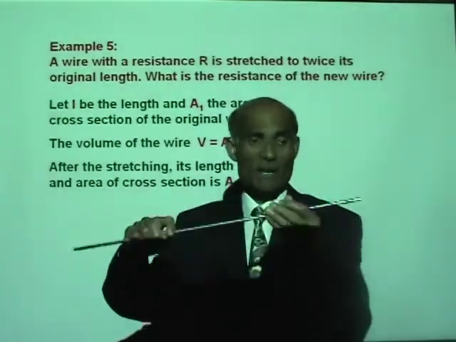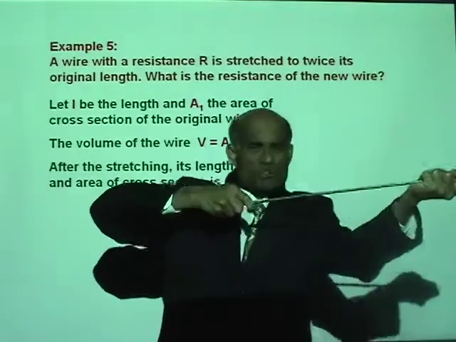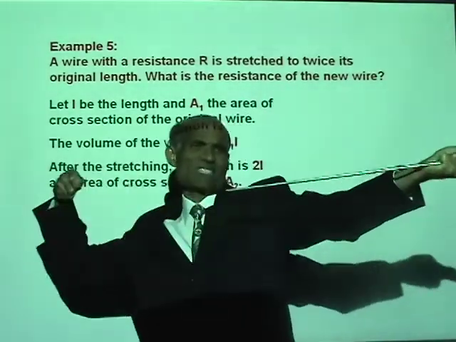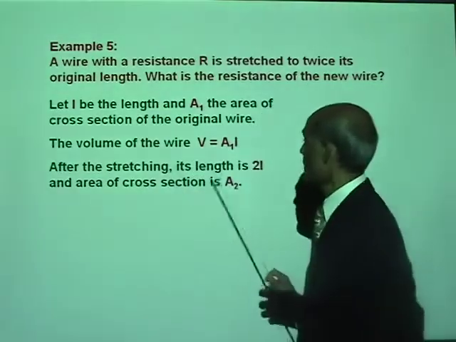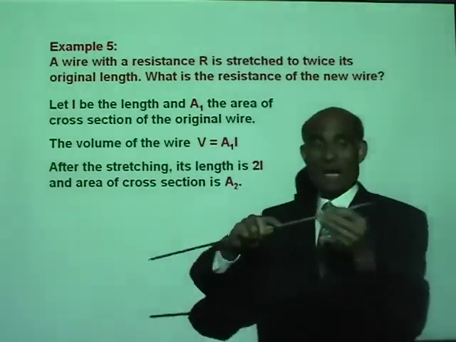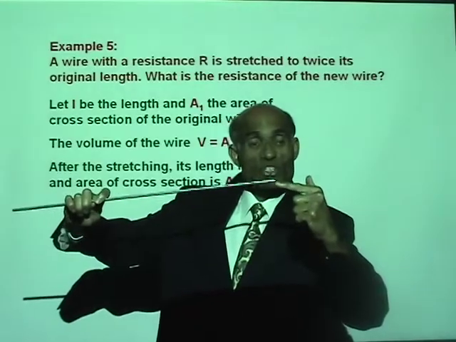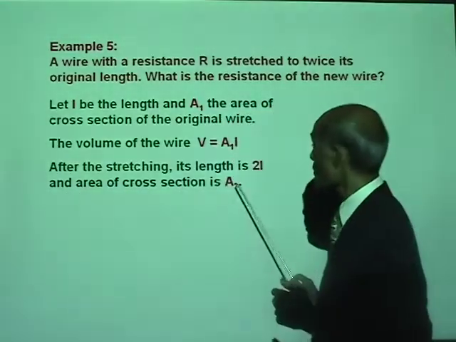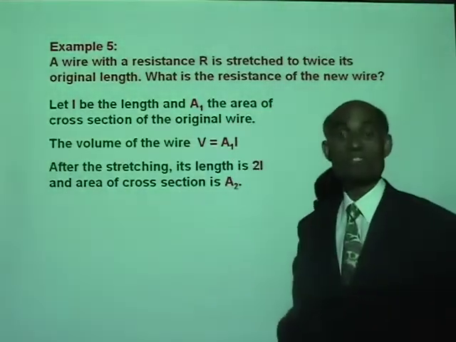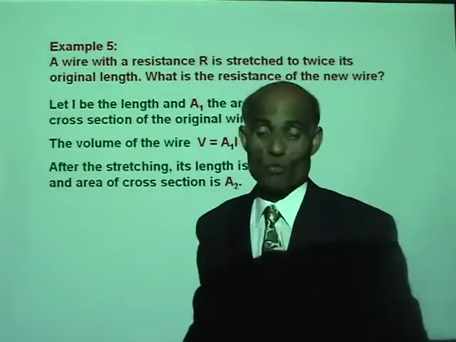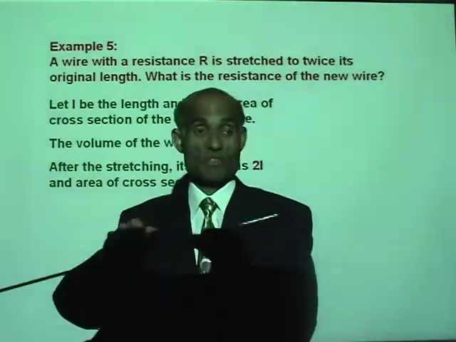So I have a wire like this, which is now going to be stretched to twice its length. So now the length is 2L, and when the length becomes 2L, the area of cross section is now less. Let that area of cross section be A2. Now, will the volume change?